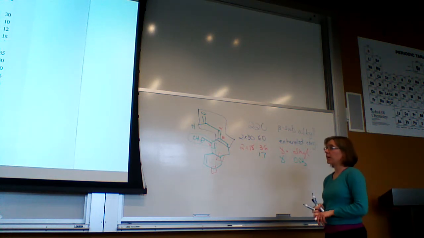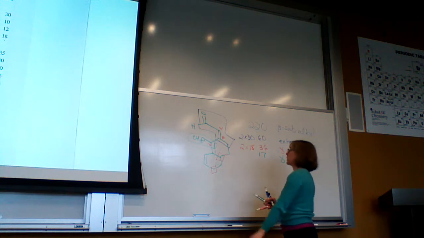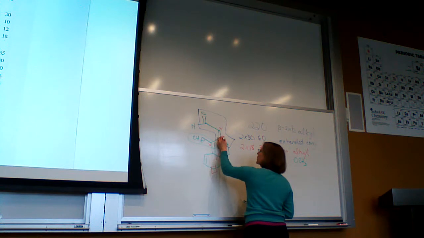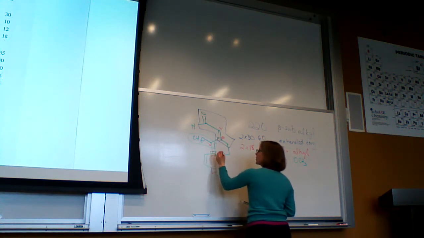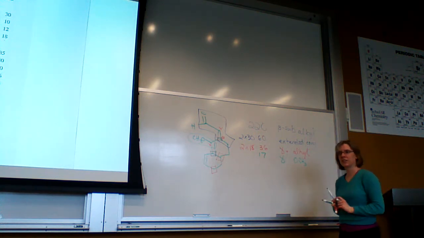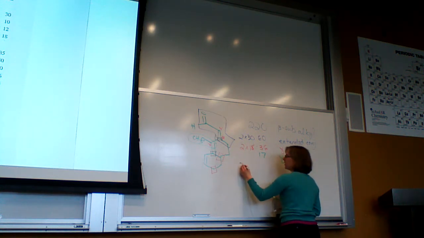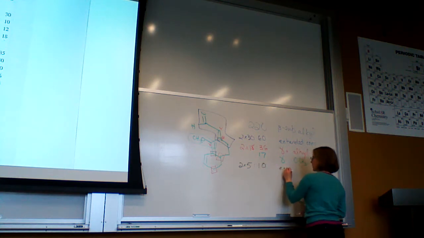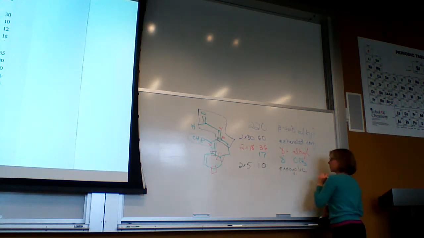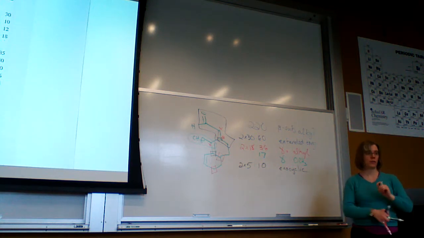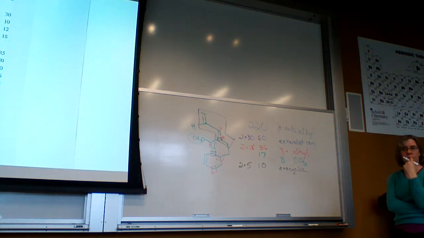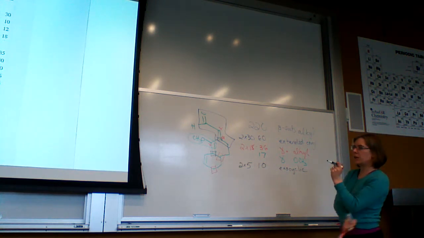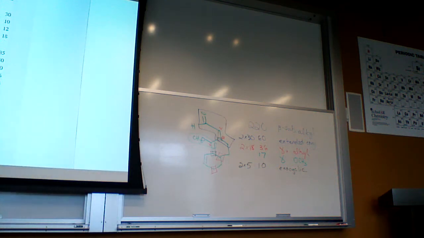Now we want to look at exocyclic double bonds. So we have 1 exocyclic double bond here, 1 exocyclic double bond here, so we do times 5 for exocyclic double bonds. We do not have a homocyclic diene component, and there was one more.